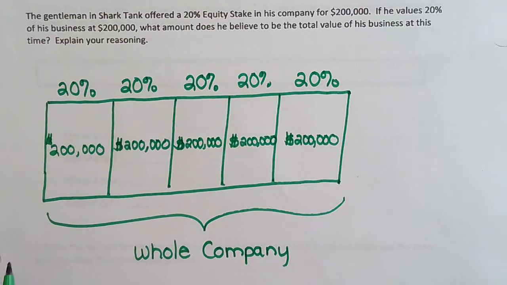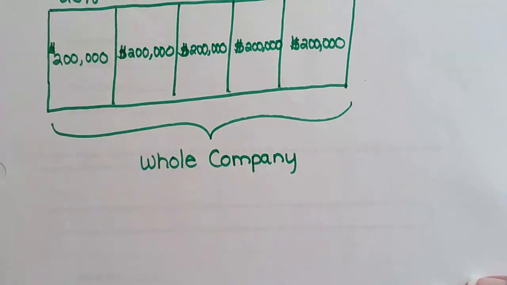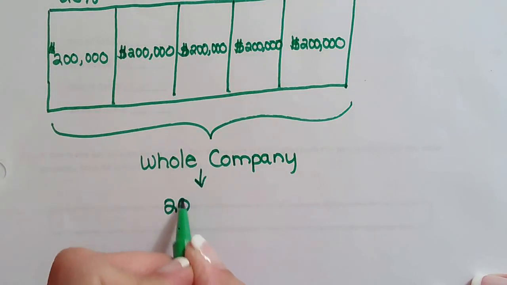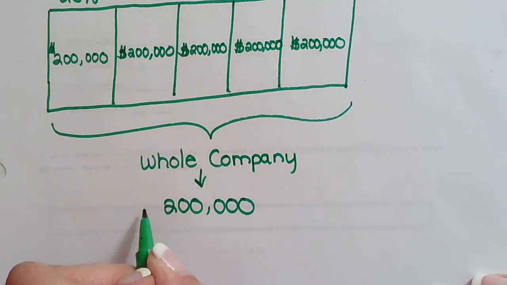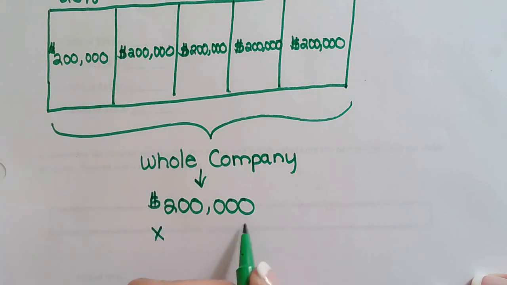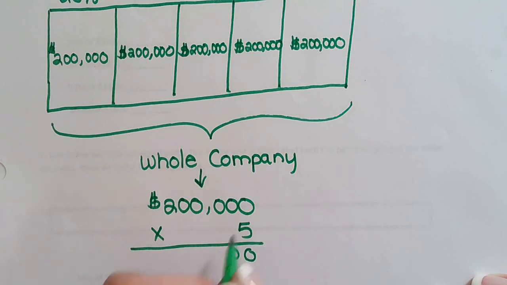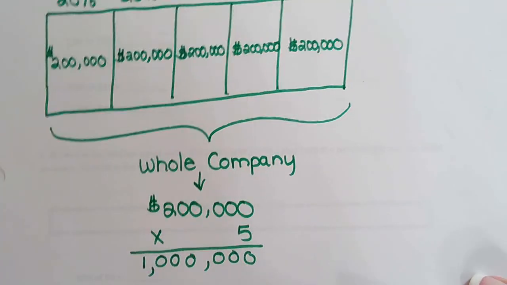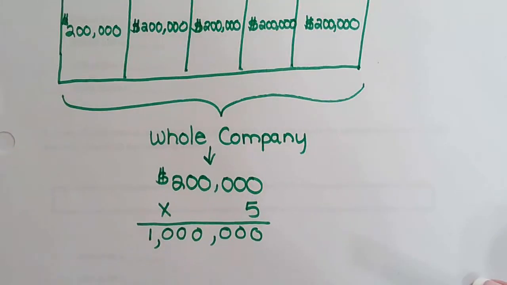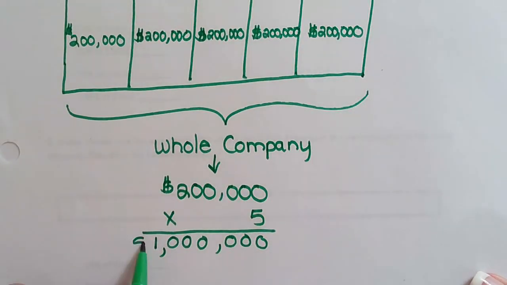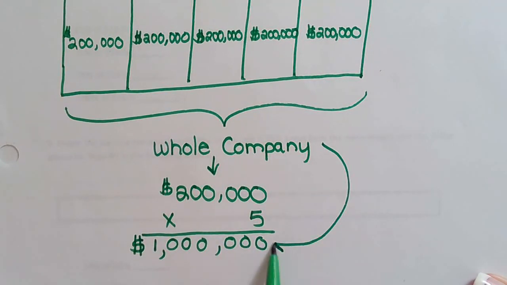So the whole company would be $200,000 times 5. 5 times 2 is 10. So what does he think his company is worth? $1 million. That would be his whole company's worth.